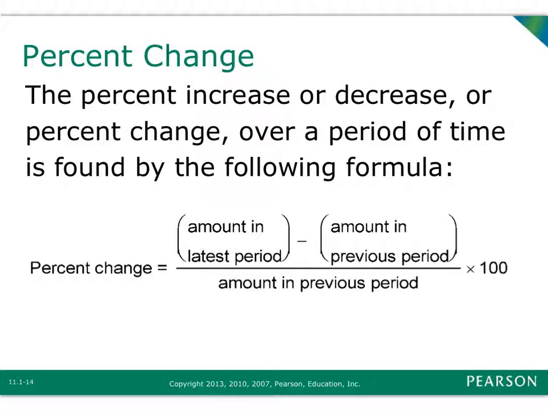A percent increase or decrease, or a percent change over a period of time, is found by the following formula. The percent change is equal to the amount in the latest period minus the amount in the previous period, divided by the amount in the previous period, times 100.